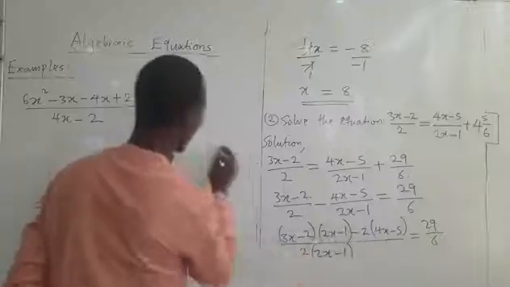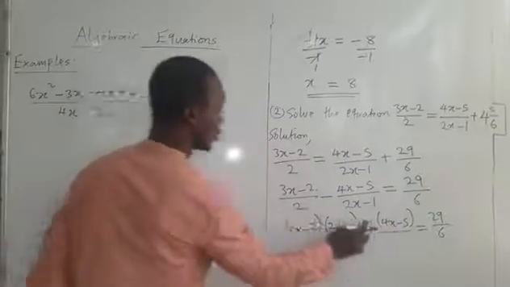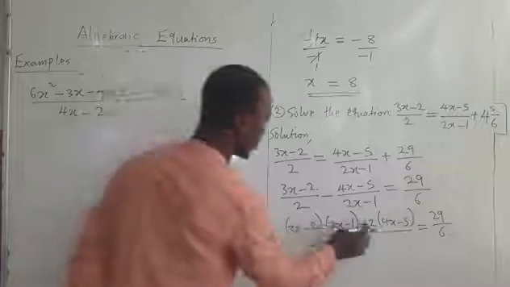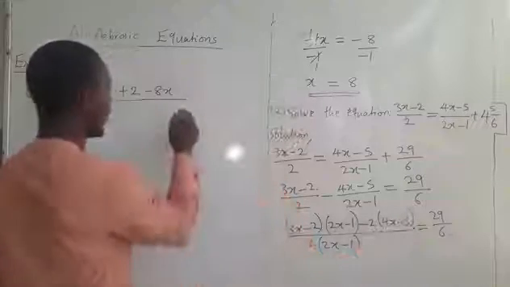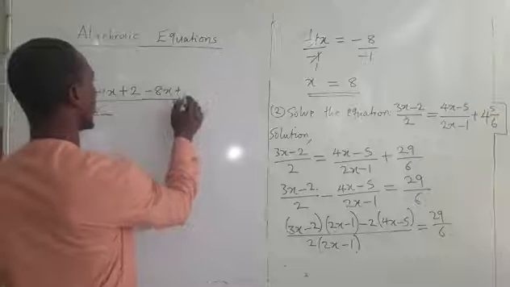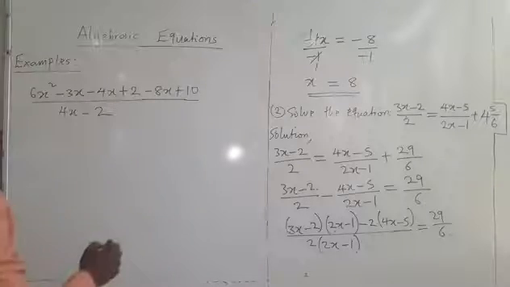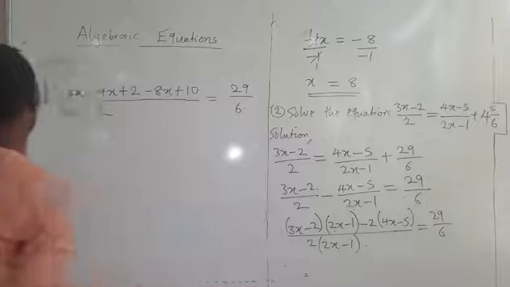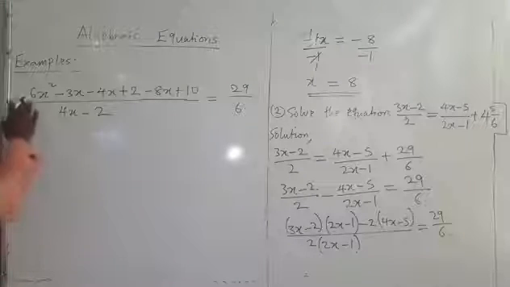this side, then minus 2 multiplied by 4x, that is 8x, then minus 2 multiplied by minus 5, that is plus 10. So the numerator is this, which equals 29 all over 6. So let's collect the like terms of the numerator.